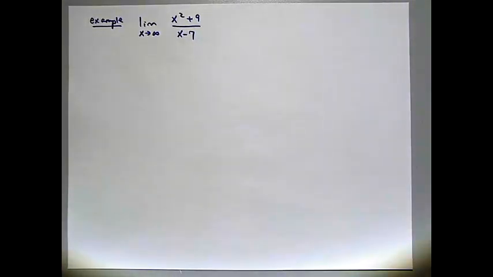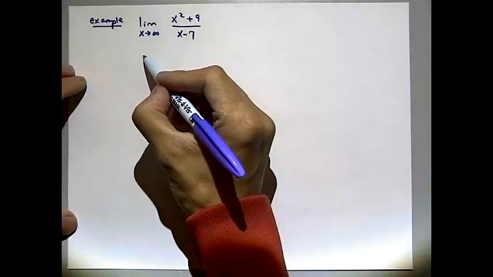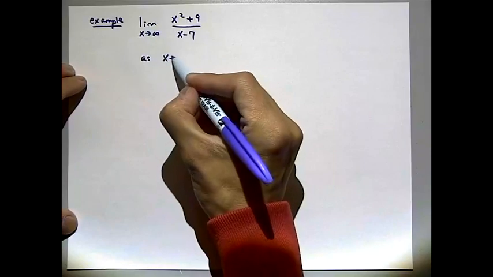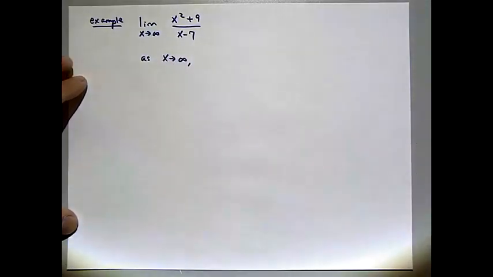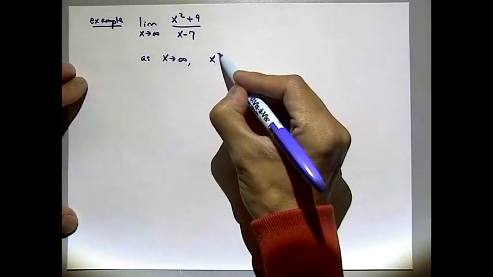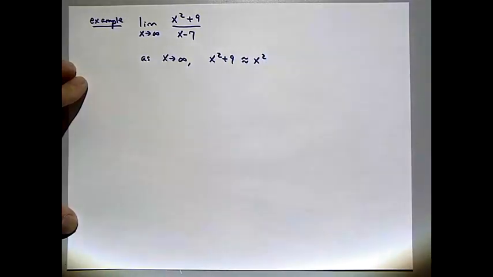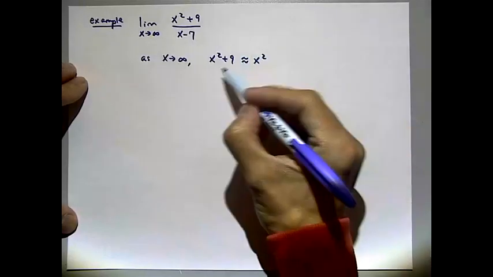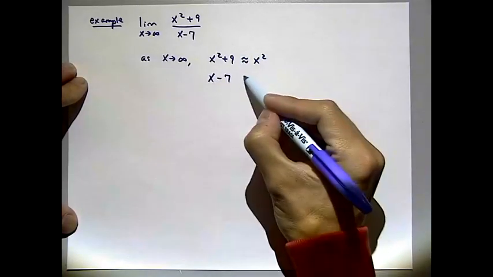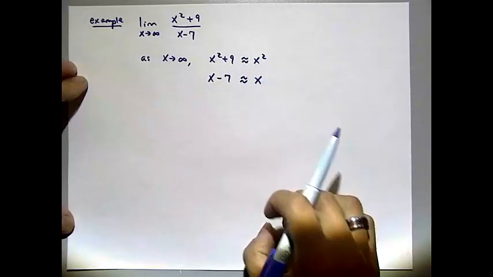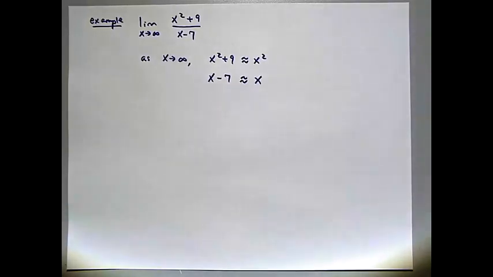And now we can very quickly find this limit, right? As x goes to infinity, 10 trillion, x squared plus 9 is roughly x squared. Then plus 9 makes no difference. X minus 7 is roughly x. That minus 7 makes no difference. Subtracting 7 from 10 trillion is still roughly 10 trillion.